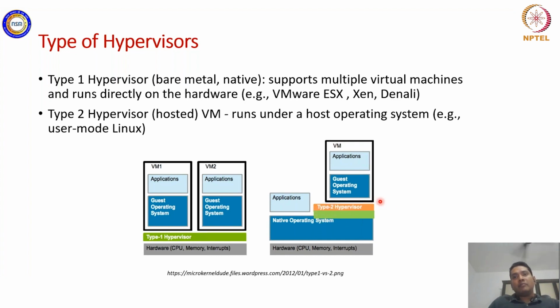So now we have the type 2 hypervisor, which is hosted on the native operating system. That is why it is also called the hosted virtual machine. Now you have this native operating system, so all the native applications can be run on it.